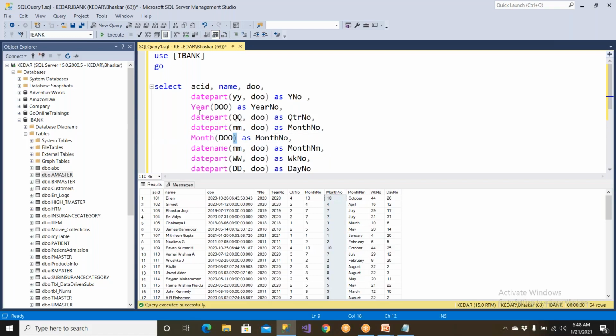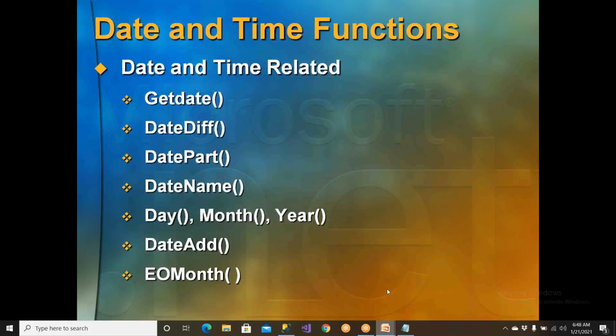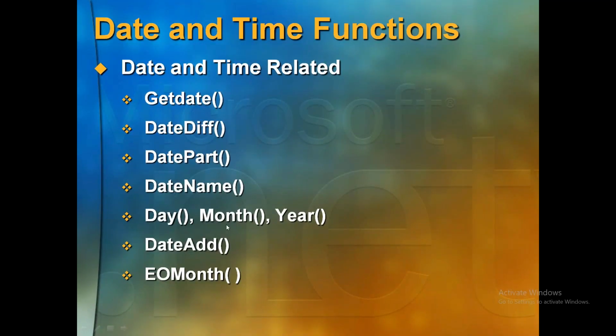These are the shortcuts to DATEPART. Clear? So that's what I'm explaining. DAY of, MONTH of, YEAR of you can use. If you need only the day, you can also write DAY of, MONTH of, YEAR of instead of using DATEPART, DD comma DOO. Clear? So these are the shortcut functions.